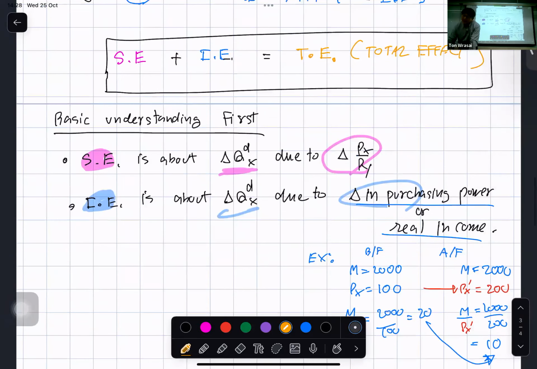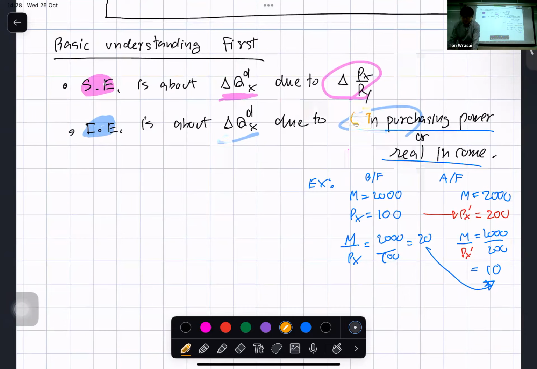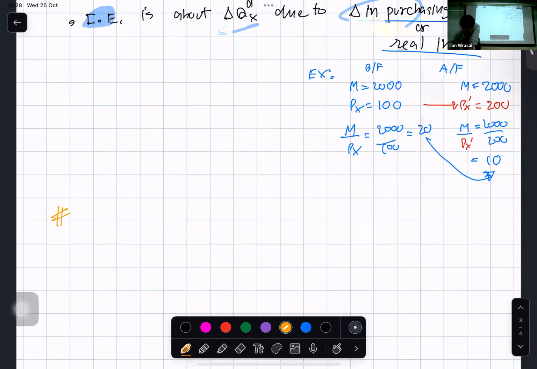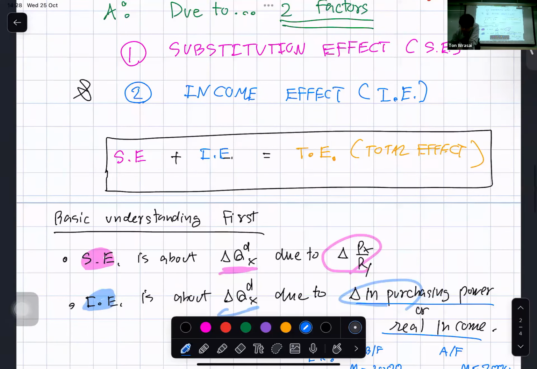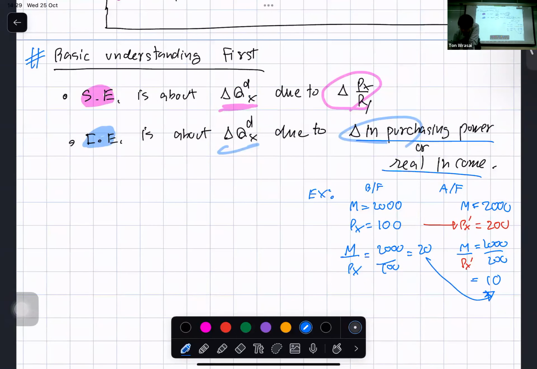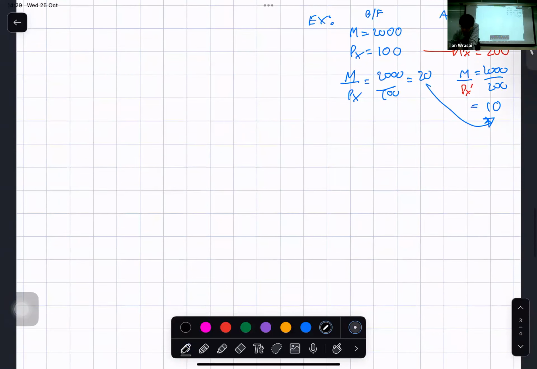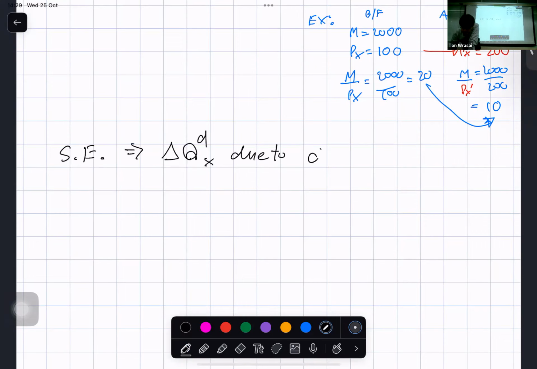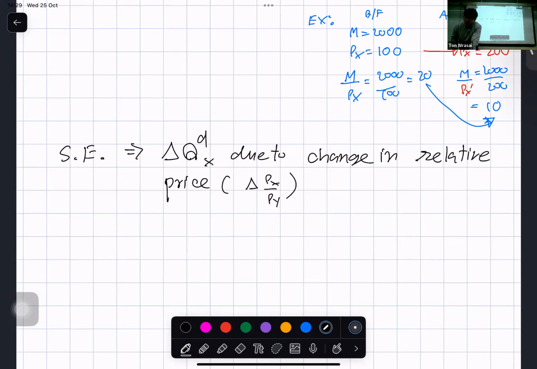Here is a basic understanding. Now we talk more about this substitution effect.